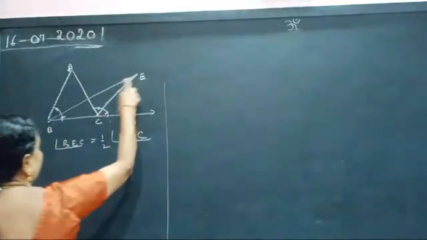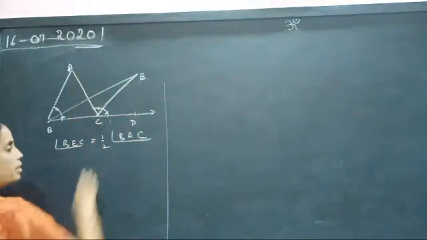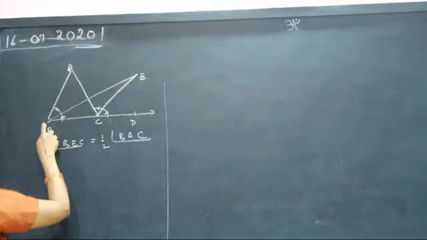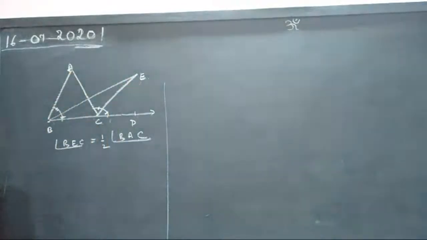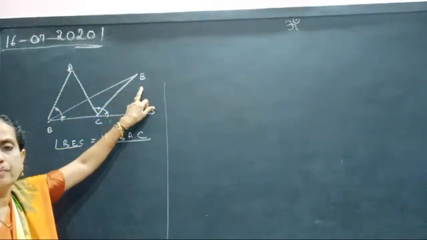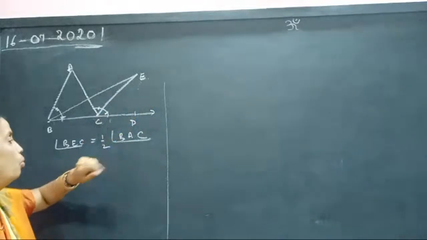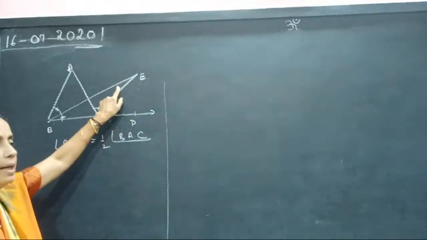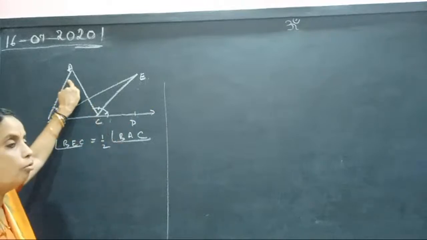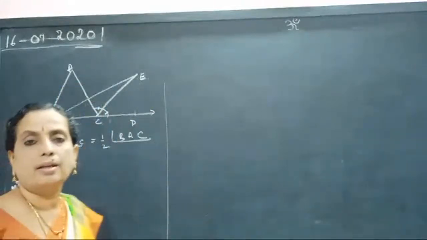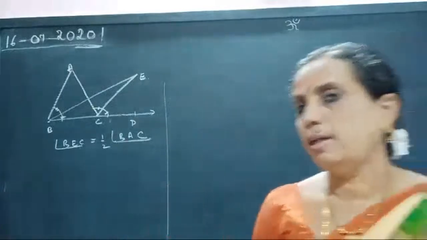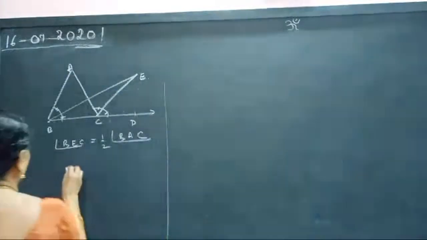CE is the bisector of exterior angle ACD. BE is the bisector of interior angle ABC. They both intersect at a point E. Now we have to prove the angle formed by the bisectors is equal to half of the vertex angle of the triangle given. Get the figure and then write the condition.